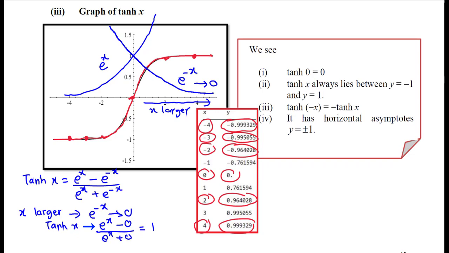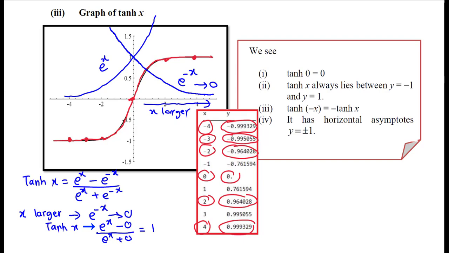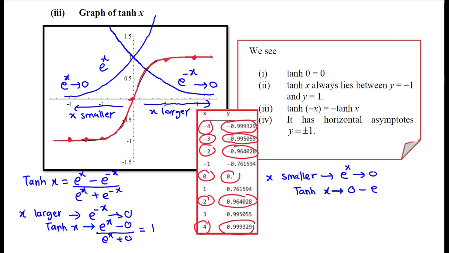And then if x is smaller, we can see that e power of x approaches 0 here. So hyperbolic tangent x approaches 0 minus e power of negative x divided by 0 plus e power of negative x, so you get negative 1.